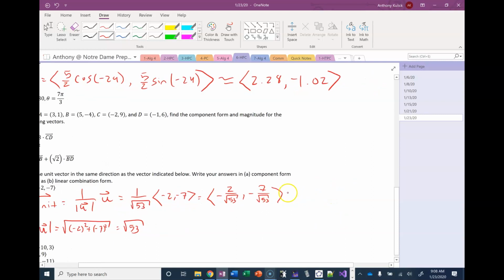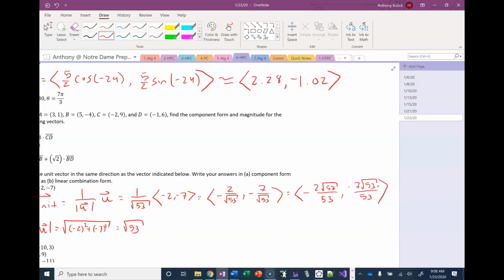And I don't really love the form for that answer because I have the square roots in the denominator. So that's my component form answer.